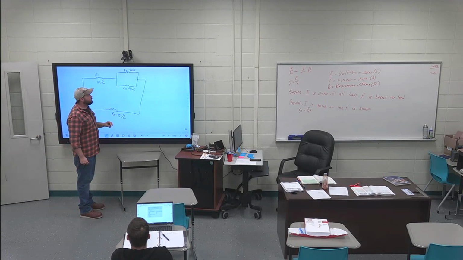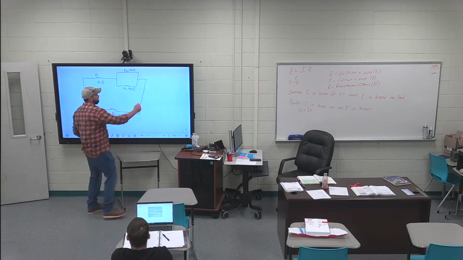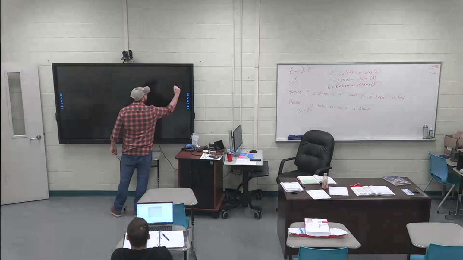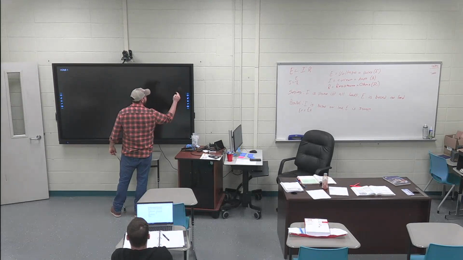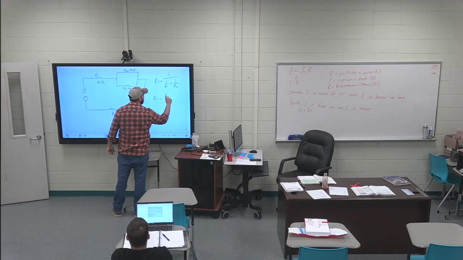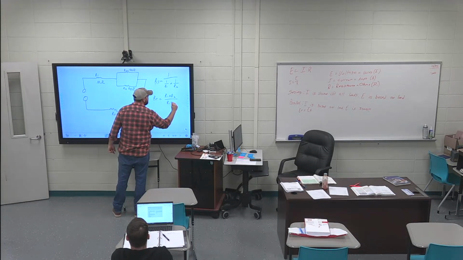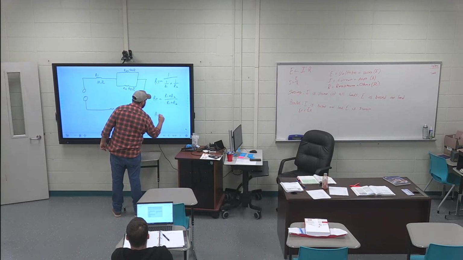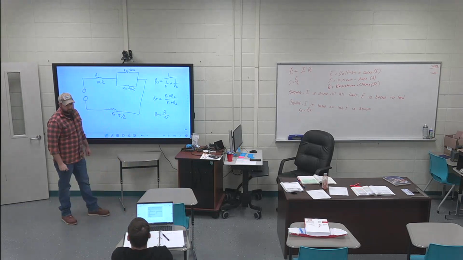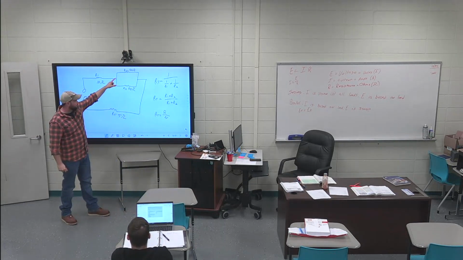So how do I combine parallel resistances? 1 over R total equals 1 over R1 plus 1 over R2, or resistance total is equal to R1 times R2 over R1 plus R2, or resistance total is equal to the resistance over the number of resistors, because they're the same.